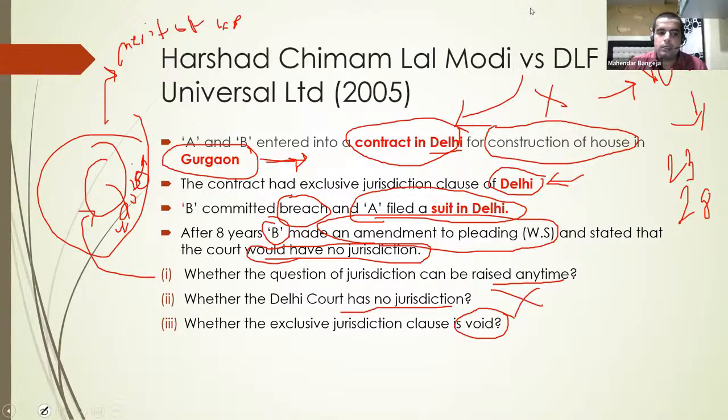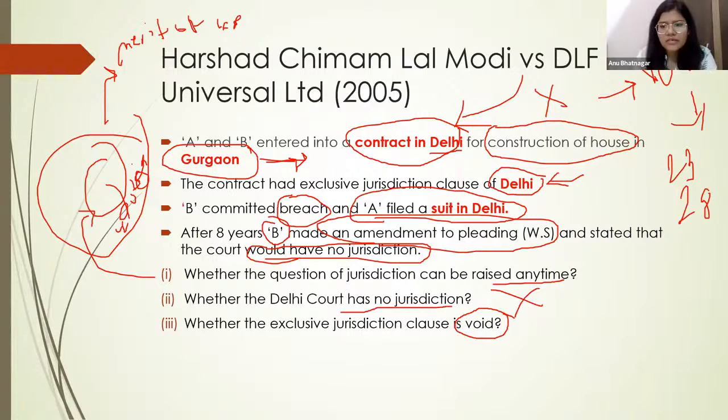Section 21 tells you to raise the objection in the first instance, but section 21 is a matter of procedure, and procedure is a handmaid of justice. And if justice requires, it is not mandatory, rather it is directory. If it affects the merits of the case, then the objection may be raised later on. It doesn't matter. All right.